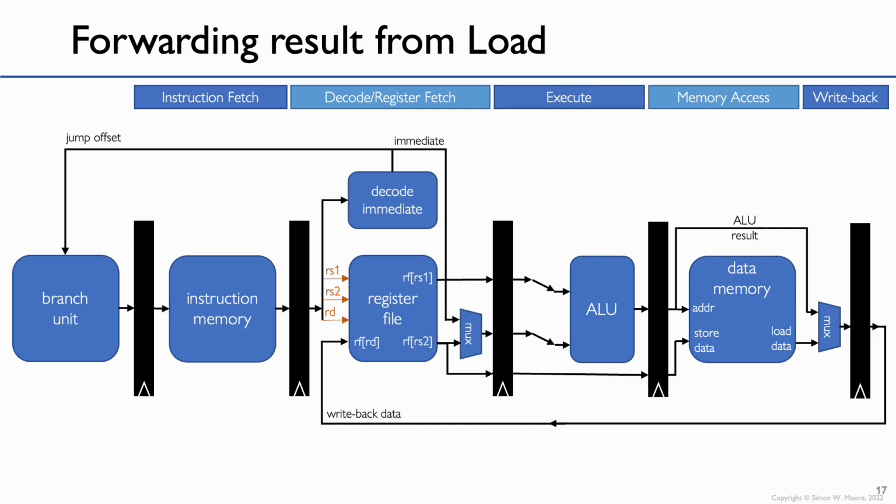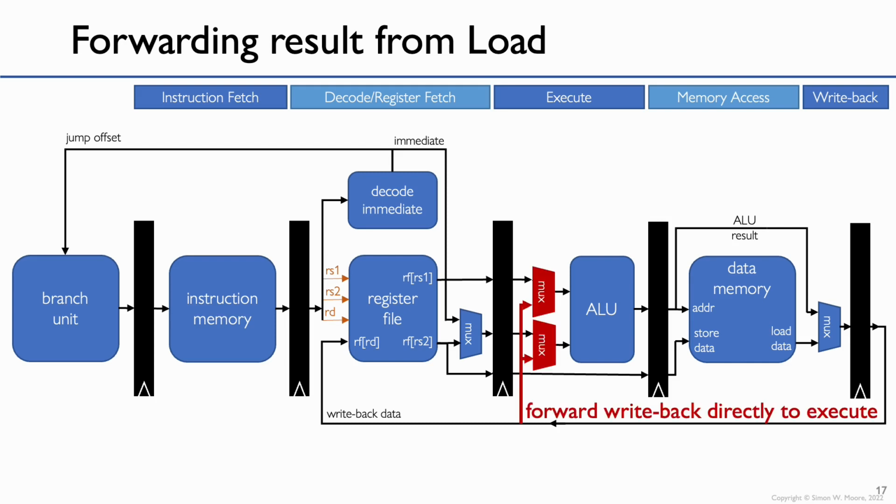Obviously we don't actually have the result until we've performed the data memory access, and in fact that data memory access typically takes quite a lot of time, so it's really only once we've got the result in that write back latch that we can do anything with it.